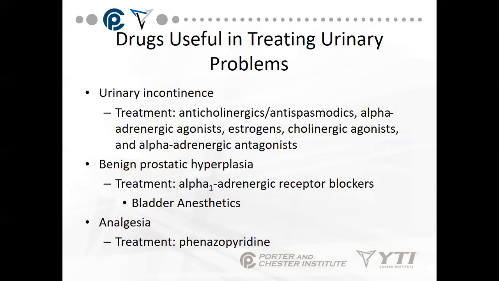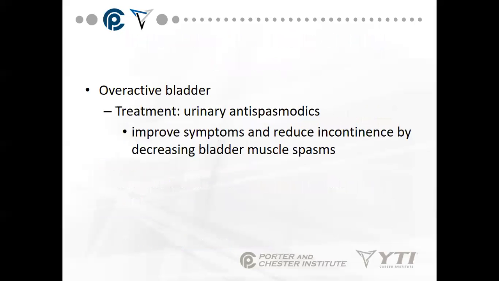So let's look at some of these drugs, okay? Your book does give a picture of a normal prostate versus an abnormal enlarged prostate, so it's really great to look at, and you can see how the enlarged prostate presses against the urethra, causing that blockage. So you have common drugs that you can use.